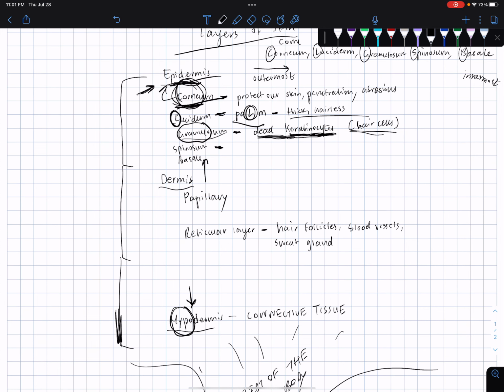And then beneath that, we have the spinosum. So the spinosum contains a type of cell called Langerhans cells. And these cells, this is basically a synonym for tissue-resident macrophages.